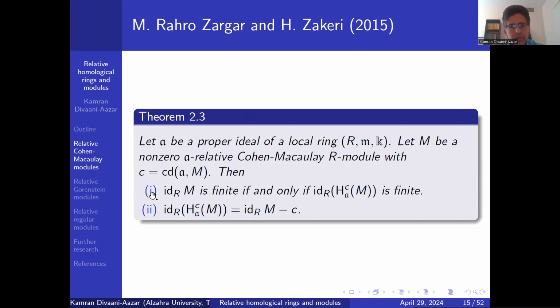The first one says that the injective dimension of M is finite if and only if the injective dimension of this local cohomology is finite. This is the only possible non-zero local cohomology. So this is finite if and only if this is finite. And then in the second assertion, we have this nice formula between the injective dimension of this local cohomology and the injective dimension of M.